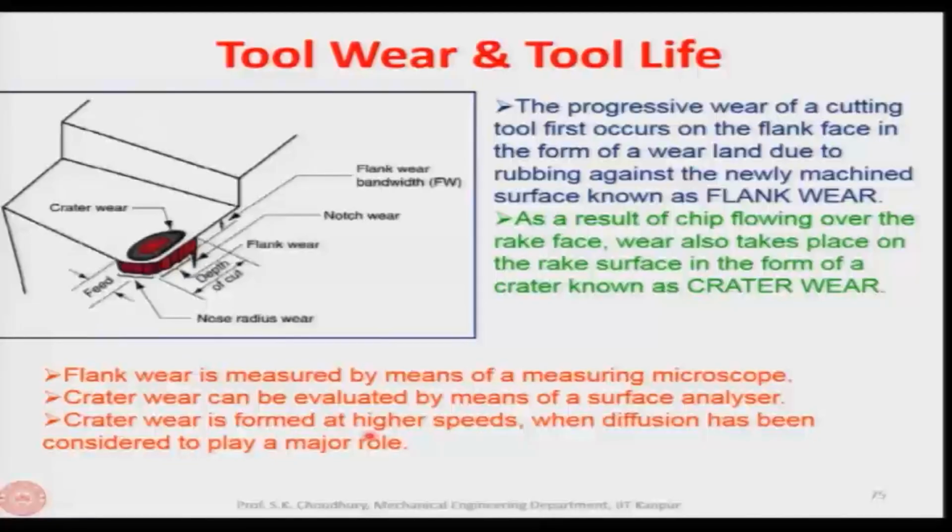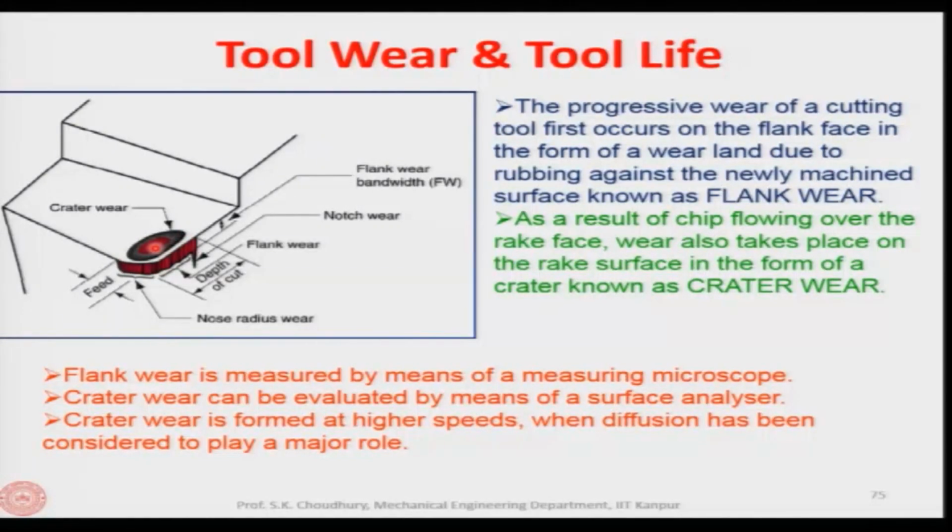The surface analyzer can measure the depth of the crater. Crater wear is formed at higher speeds, when diffusion is considered to play a major role. So, normally, as machining starts we have flank wear, and at higher and higher speed, when the chip is flowing at a higher velocity over the rake face of the tool, crater wear takes place.